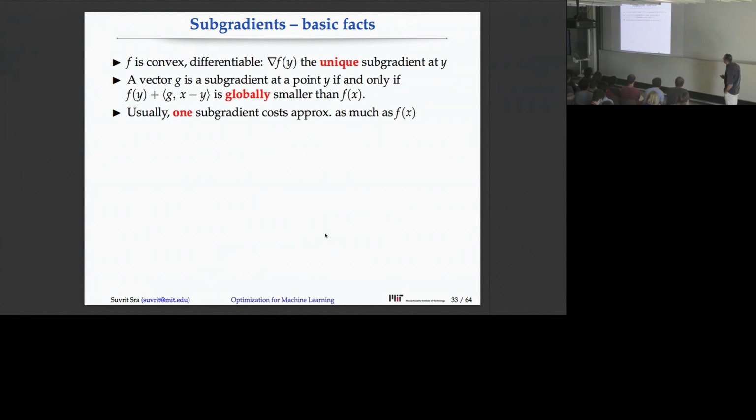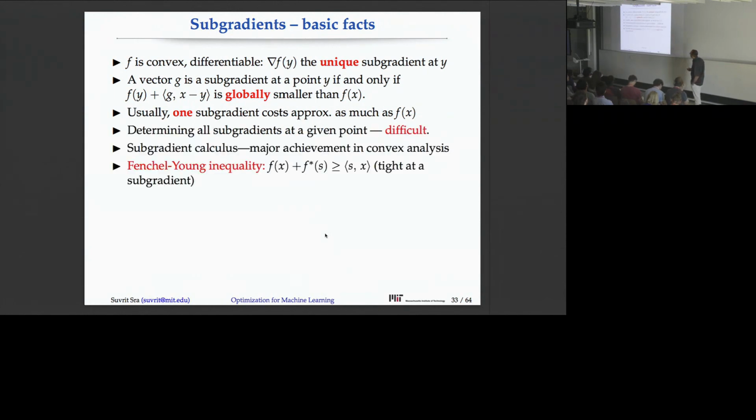And the nice thing, as far as building algorithms is concerned, is that computing one subgradient is typically not more expensive than computing f of x once, big O of that. So wherever we use gradients, if we could use subgradients, life's good. And the hard thing is determining all possible subgradients at a given point.